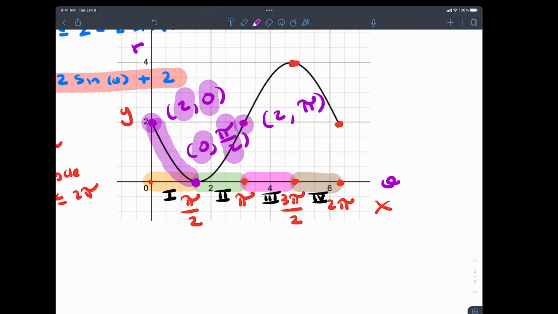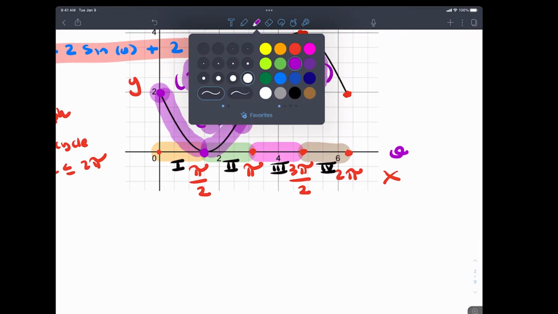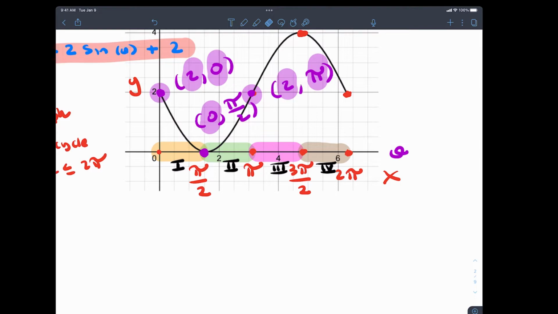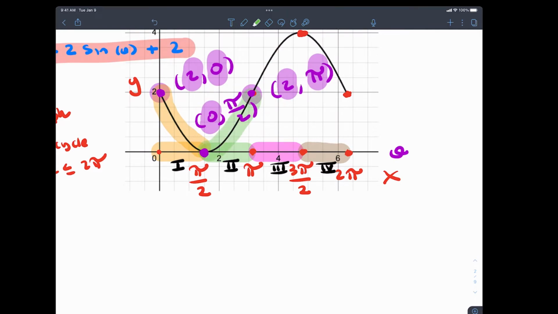So I'm looking at the green quadrant 2 portion. So I'm going to radius 2, angle pi from the pole. (2, pi). Now, you might say, I don't like you using that purple. Okay. Quadrant 1, quadrant 2. You guys okay with that?